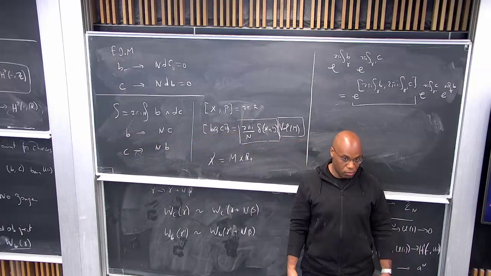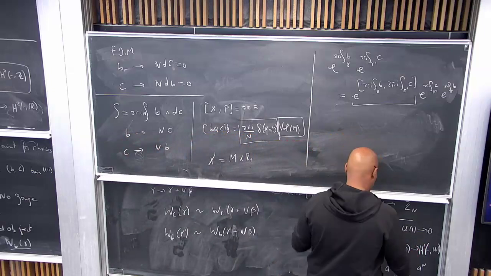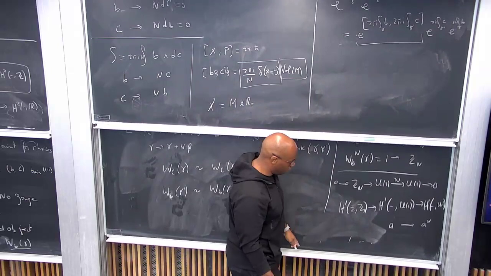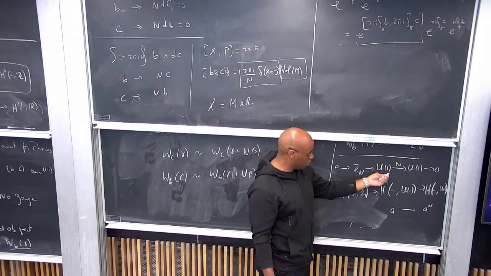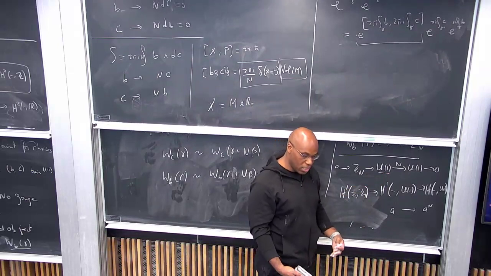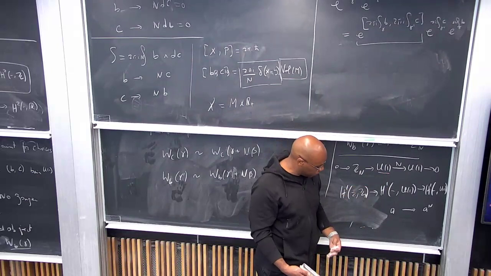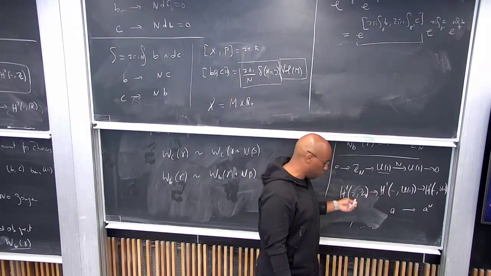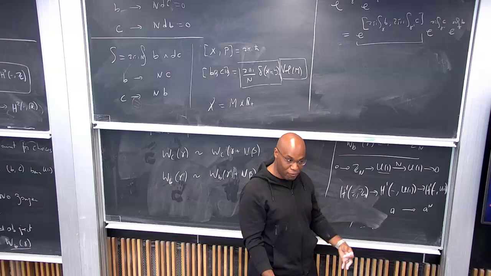I said this rather fast, over here. I started out with a U(1) gauge group, but then I find that the non-trivial gauge fields survive through the end. So I have a genuine Zn gauge group.